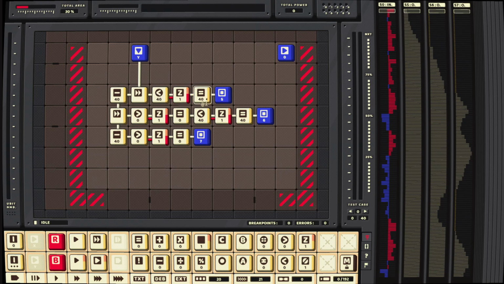Is there something cuter I could do? Or if it's less than 40, don't set it to 40. If it's greater than 40, set it to 40. No, I don't know. I think this is about as good as we'll do.